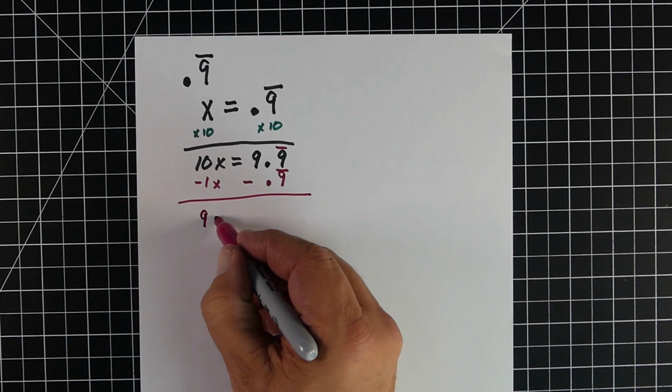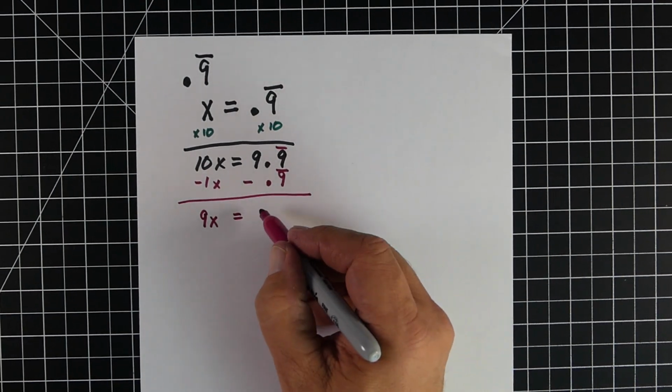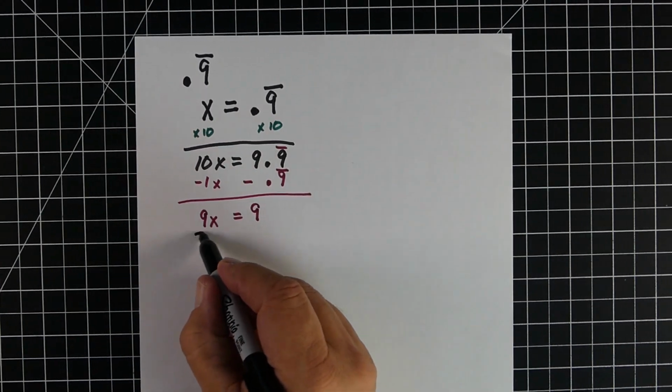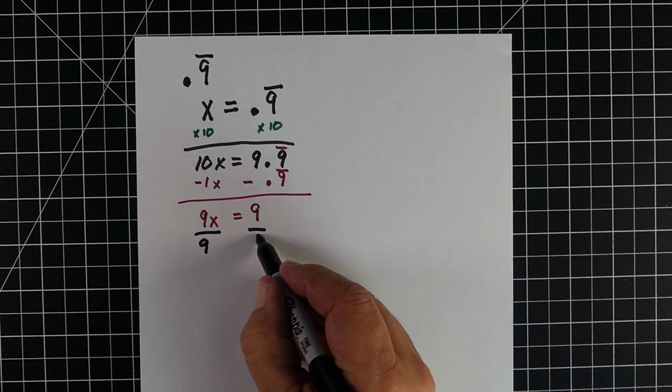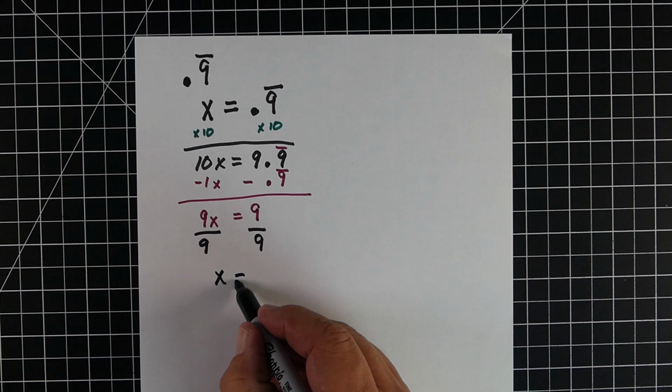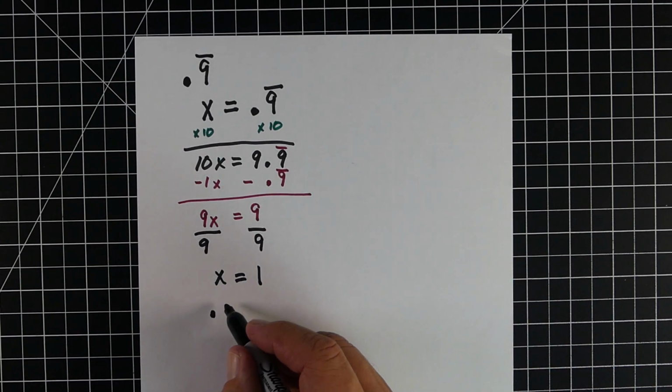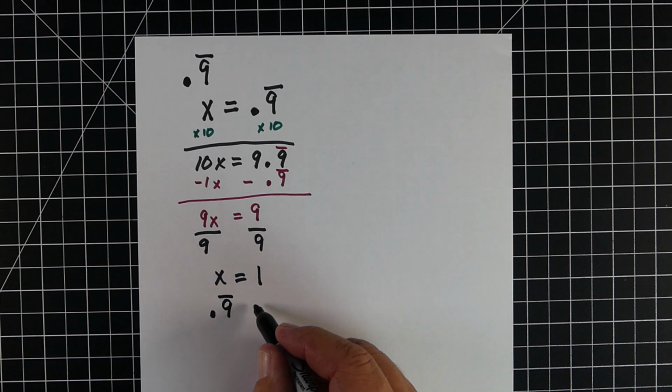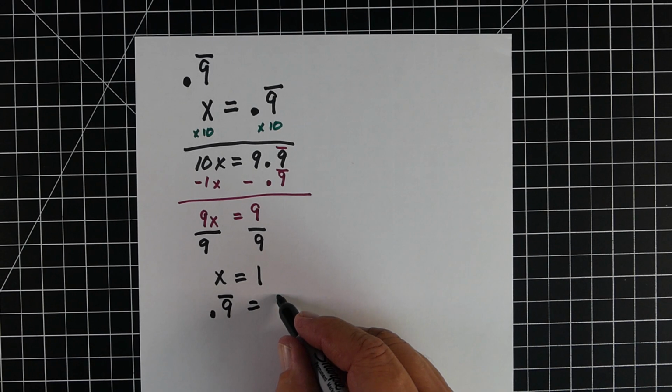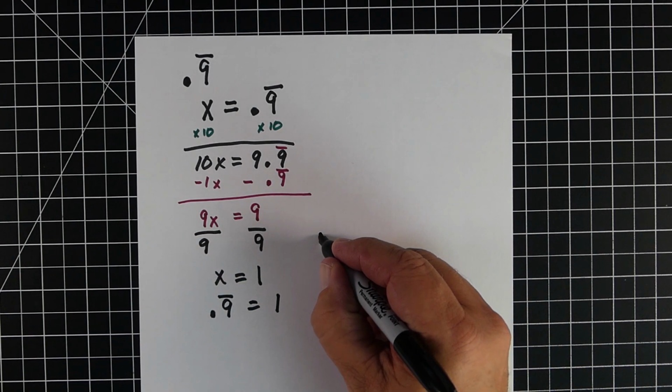That's going to leave us with 9x equals 9. So the repeating 9's cancel each other out. We divide both sides by 9, and that's going to give us x equals 1. So 0.9 repeating is equal to 1.